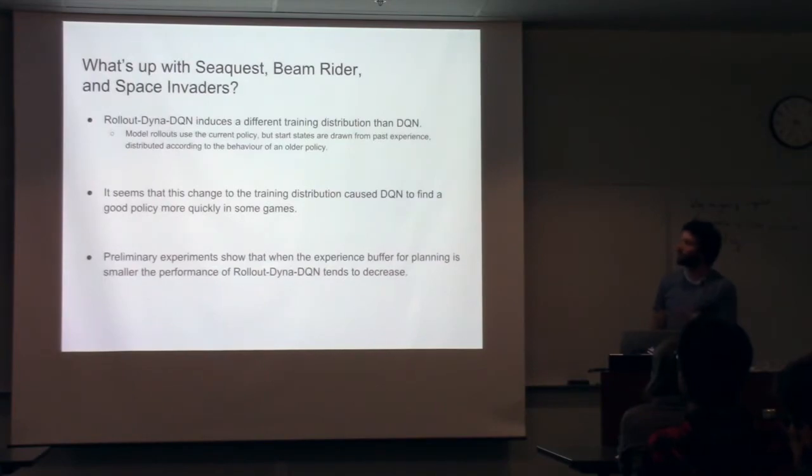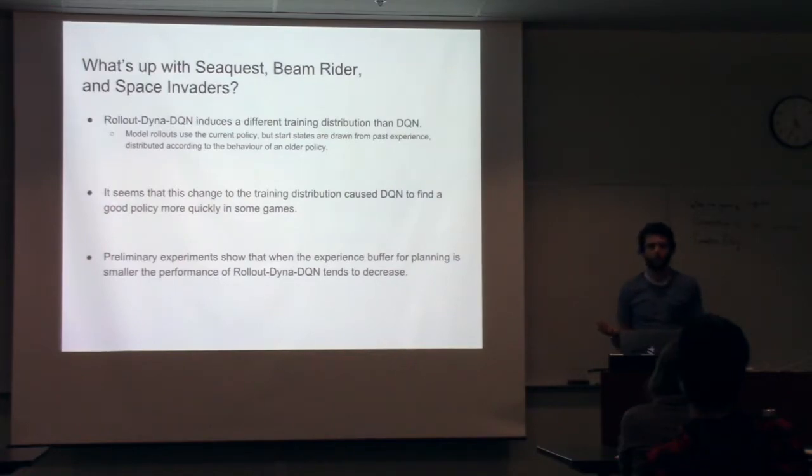All right, so Rollout-Dyna-DQN is seeing a different training distribution than regular DQN, and it could be that this change to the training distribution caused DQN to find a good policy more quickly in some games. In some preliminary experiments, we tried decreasing the size of that planning buffer.